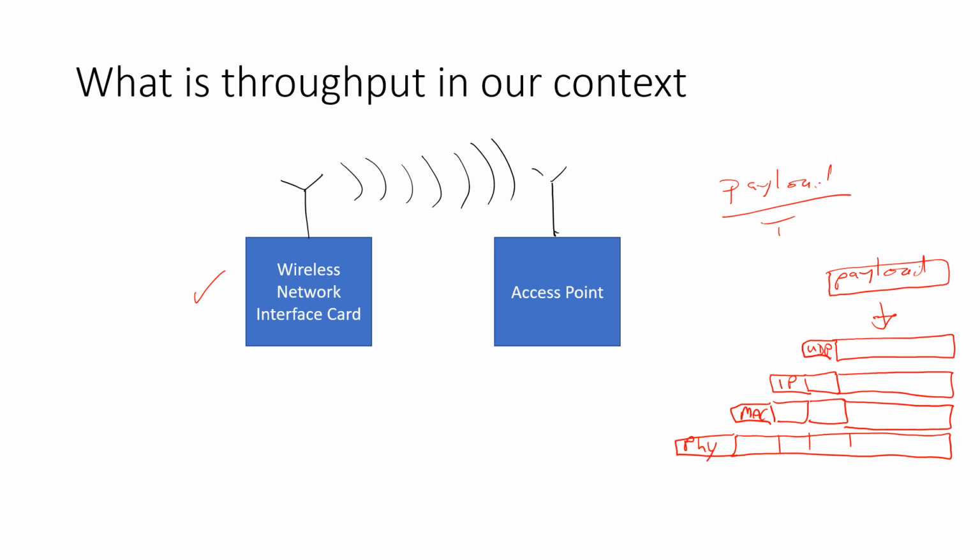I'm reluctant to call it a header, but at the physical layer there are bits and pieces of data that we end up adding. So the whole transmission consists of this piece of data here, and that obviously will take longer to transmit than just the payload alone.